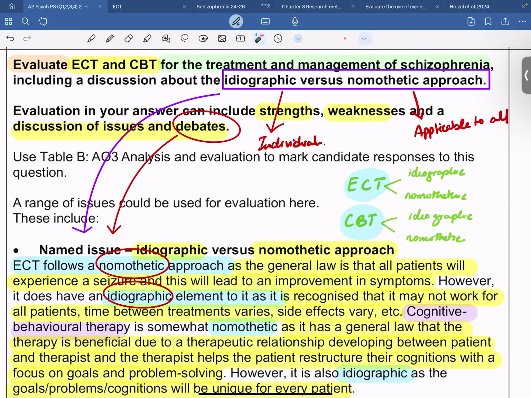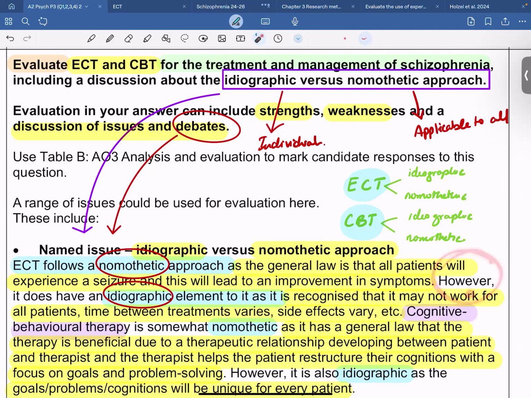So it's a seizure that the therapist is looking for, not the electric current. We're just using electric current so that the patient can experience a seizure in a well-controlled, supervised environment. So ECT follows a nomothetic approach, as the general law is that all patients will experience a seizure and this will lead to an improvement in symptoms.